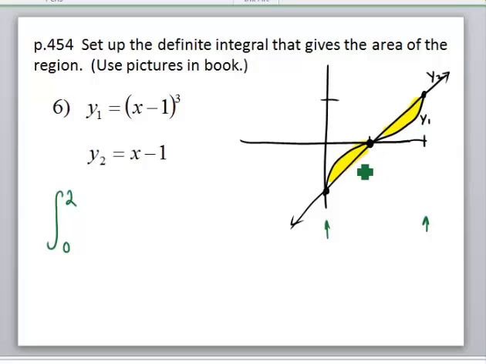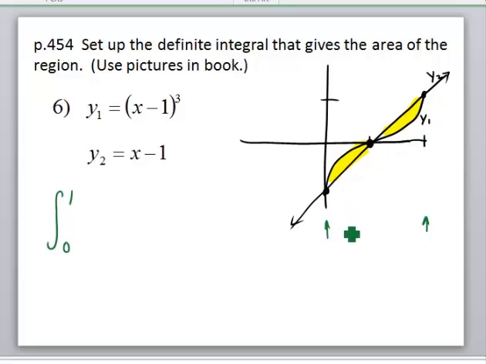Now, an argument can be made, well, this has two different functions. In all honesty, you really need to be setting up two integrals for this because of how they change. First of all, the y1's on top, and then after they intersect again, the y2's on top.